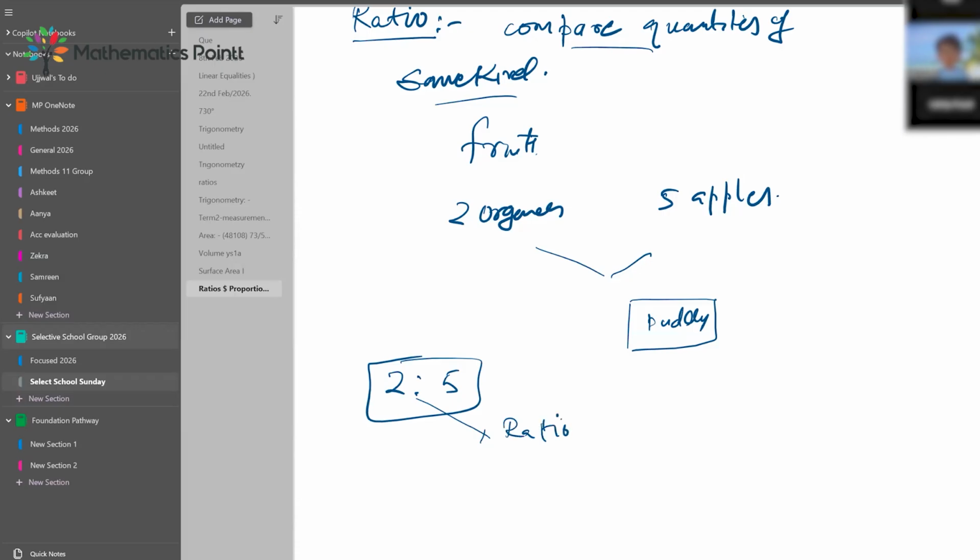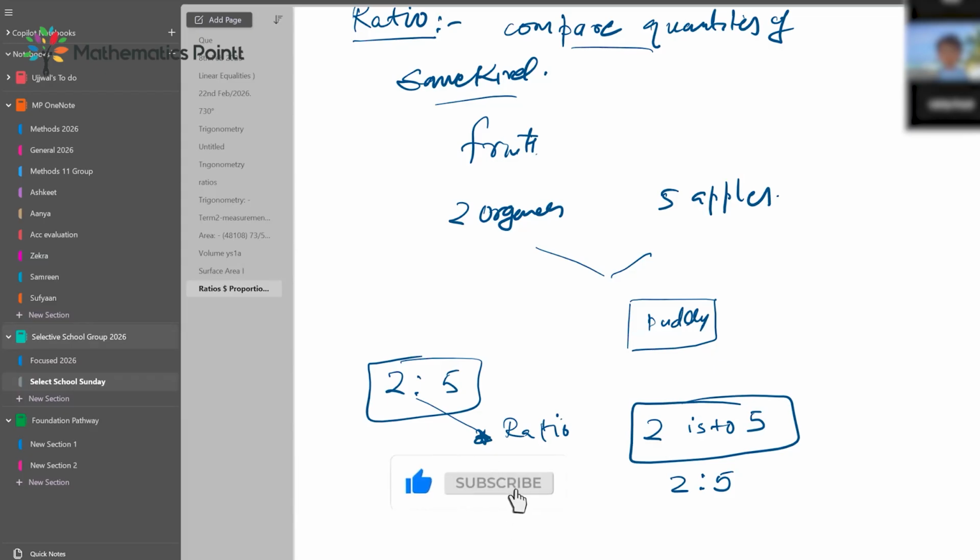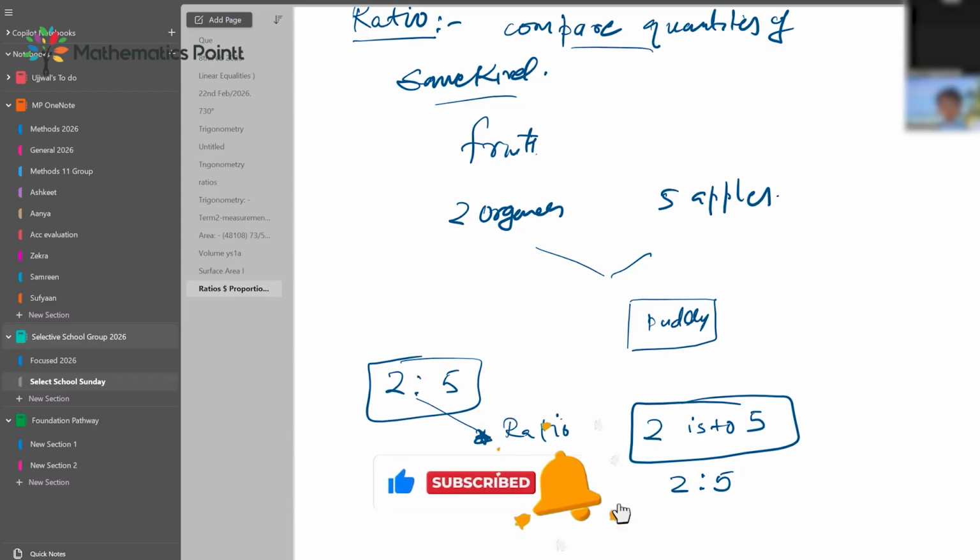A lot of old school parents and teachers also say 2 is to 5, or 2 ratio 5. So they are synonyms that we use to represent this mathematical symbol.